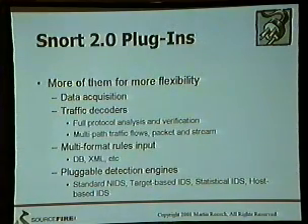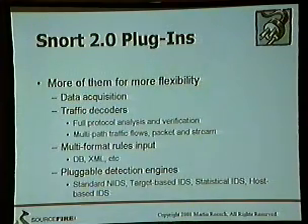And then we're going to have pluggable detection engines. Right now, the detection engine in Snort is kind of like a really big preprocessor in the current architecture. But what we're going to do in 2.0 is talk about being able to add alternate detection strategies into Snort.